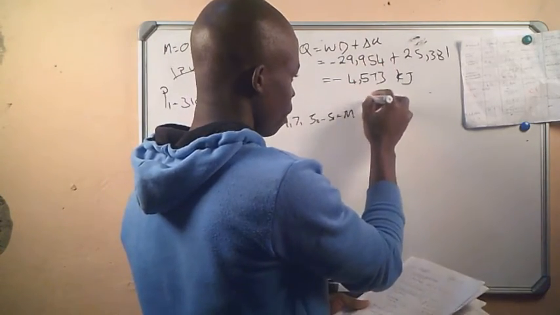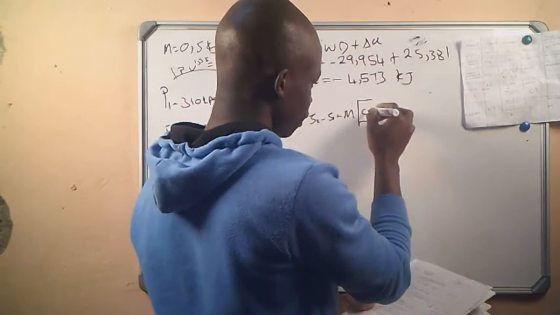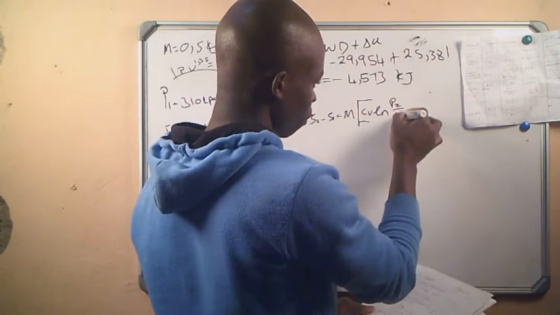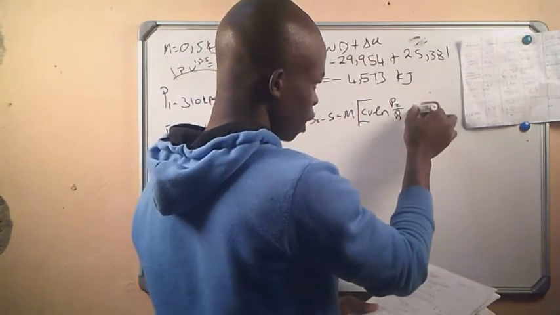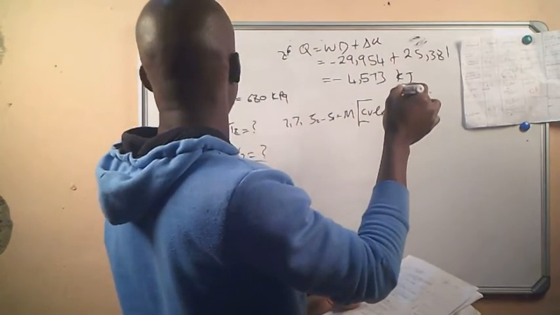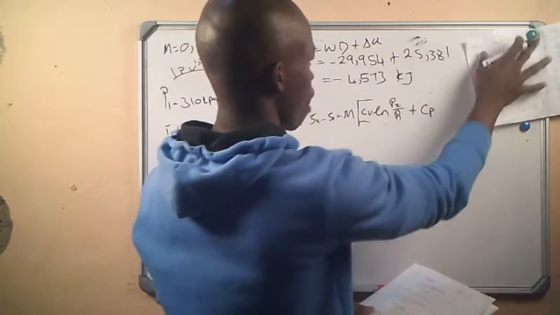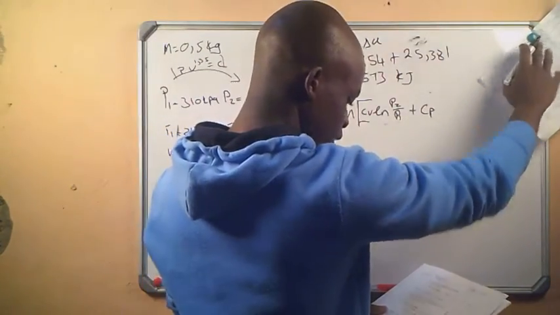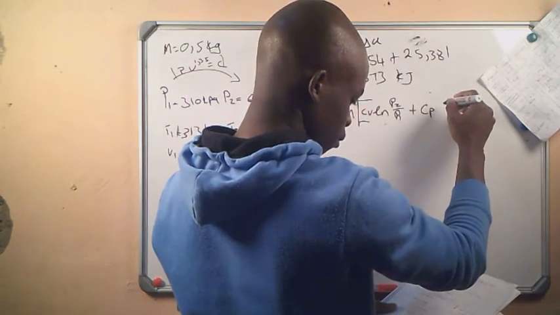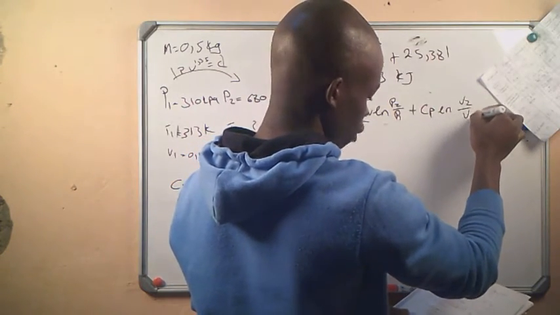M in bracket, Cv ln P2 divided by P1, plus Cp ln V2 divided by V1.